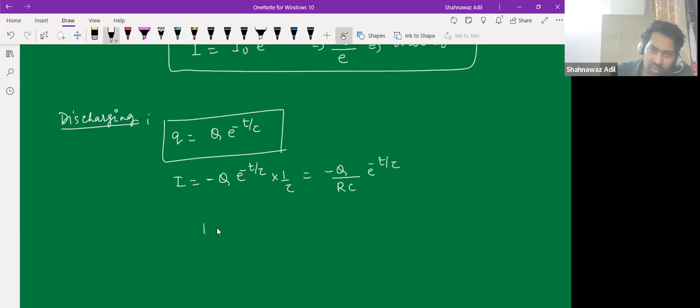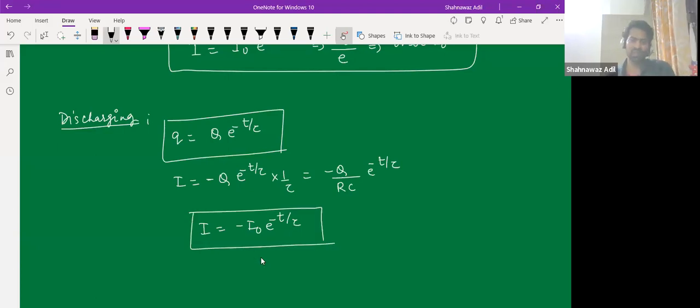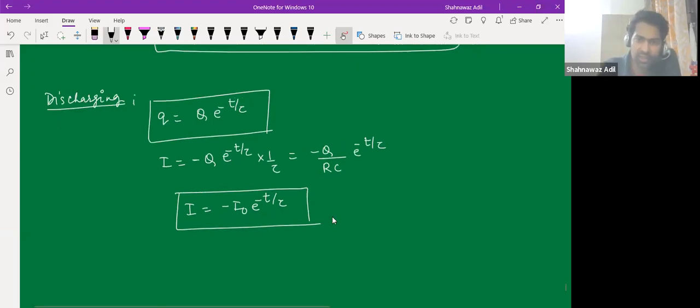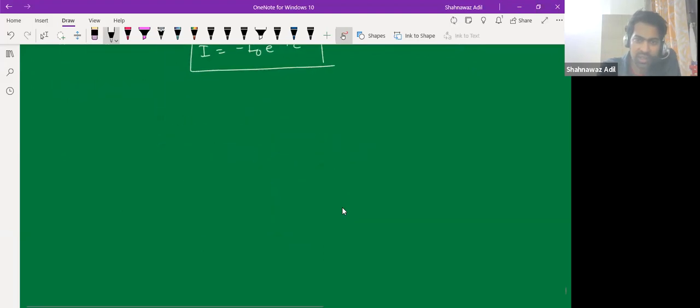So that would be minus I naught e to the power minus t by tau, right? So that would be the current for the case of discharge. This minus sign represents that the current is moving in the opposite direction, right? So yeah, this is the case of discharging.